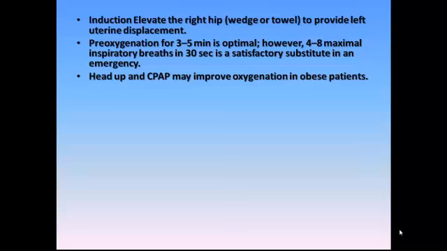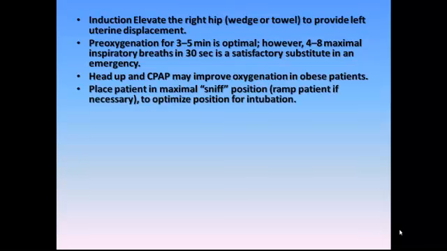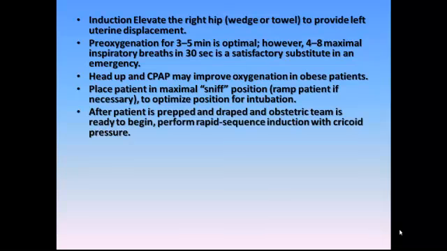Head up and CPAP may improve oxygenation in obese patients. Place the patient in a maximal sniff position, ramp the patient if necessary to optimize the position for intubation. After the patient is prepared and draped and the obstetric team is ready to begin, perform rapid sequence induction with cricoid pressure.